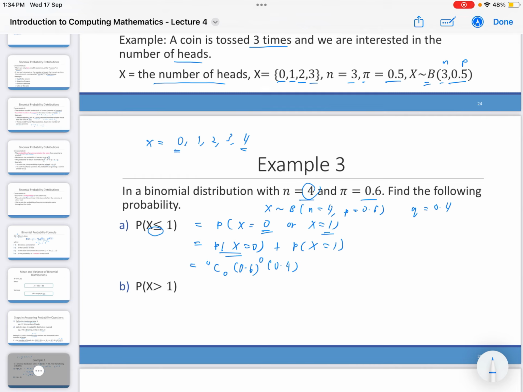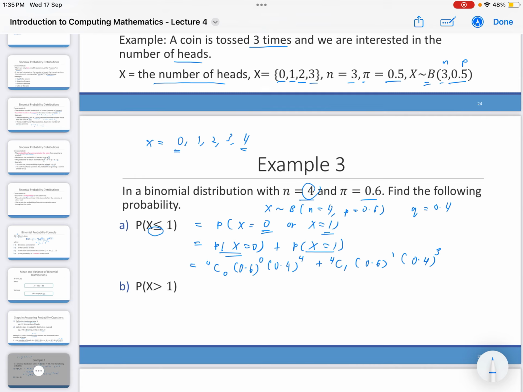So basically, if 0 successes, that means 4 fails, to the power of n minus x. So 4 minus 0, so we get 4. This one is for probability of x equals 0, and then plus this one for probability of x equals 1. So 4 choose 1, and then 0.6 to the power of 1. And then probability of failure, which is 0.4 to the power of 3, n minus 1. 4 minus 1 is 3.